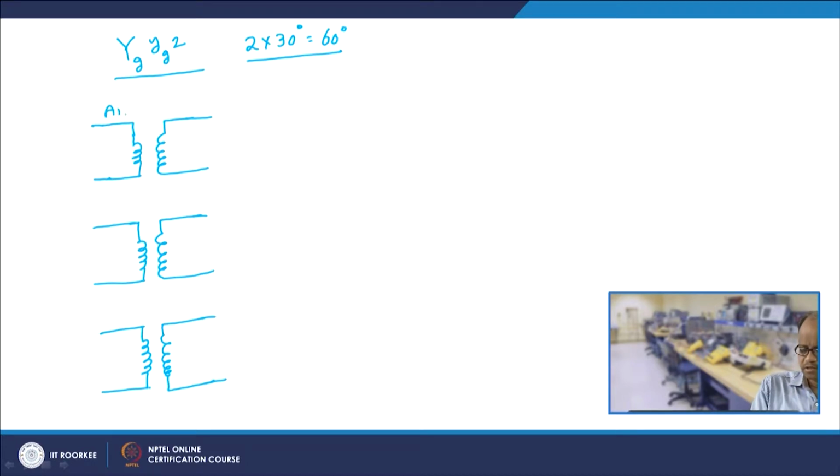So, this is A1, A2, this is small a1, small a2, these are the terminals, B1, B2, this is small b1, small b2, this is capital C1, capital C2, this is small c1, small c2, and let us assume that the dots are here, and we already discussed what this dot convention means. So, these are the 3 dots.